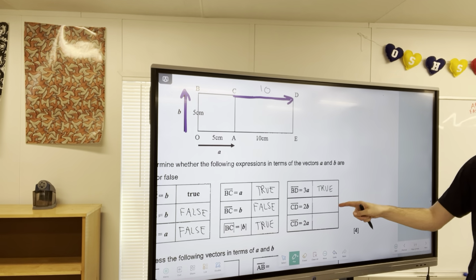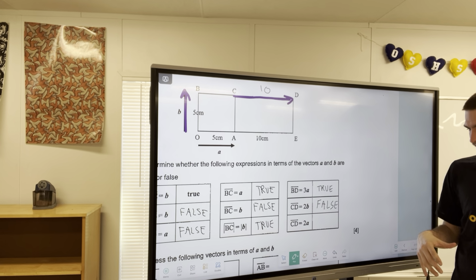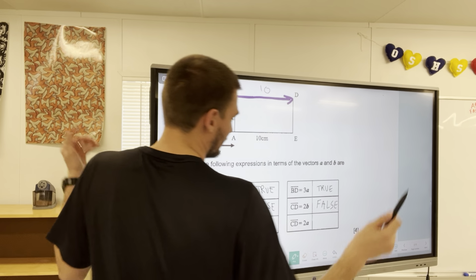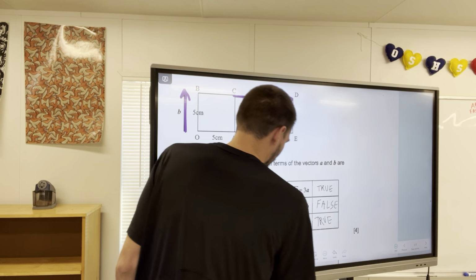Do we think true or false? False. This question is going to be false. I know that the scalar multiple only affects the magnitude, but for this question, we still need to be considering the direction. Okay, and the last question, CD is equal to 2A. I think this one is kind of obvious and almost a waste of our time. We're moving on. Great, true.